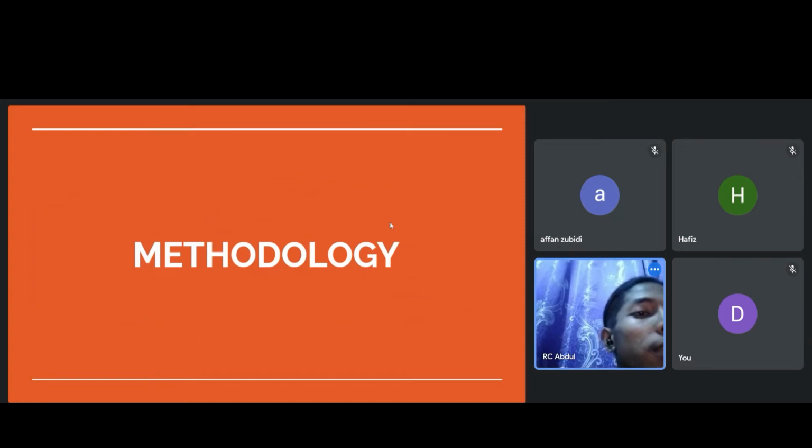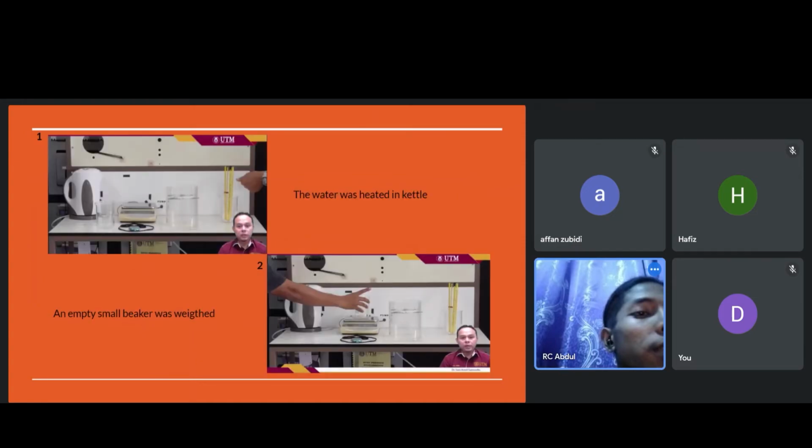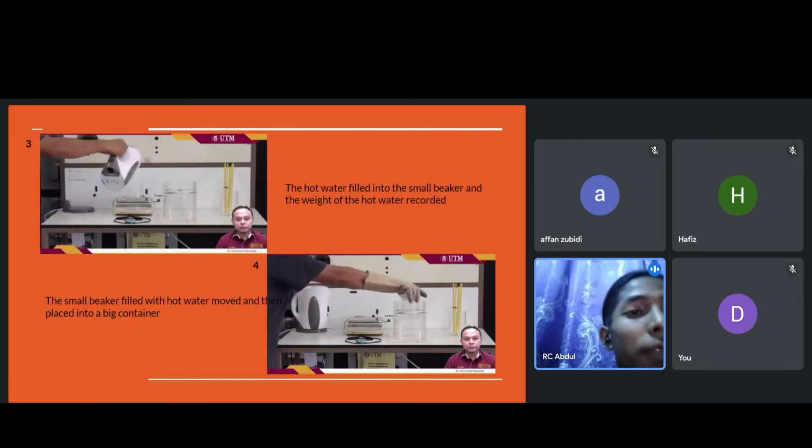Next, methodology. The methodology is really simple. First, the water was heated in a kettle, and then an empty small beaker was weighed. After that, the hot water was filled into the small beaker, and the weight of the hot water was recorded. The small beaker filled with hot water was then placed into the big container.